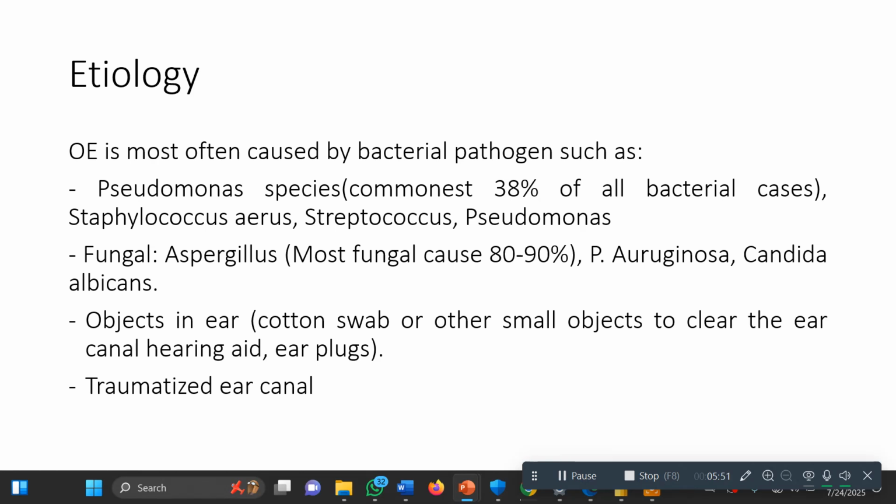For fungal, Aspergillus is the commonest cause, accounting for about 80 to 90%, followed by Candida albicans. Also, objects in the ear can be a focus of infection. Cotton wool or other small objects introduced into the ear, such as hearing aids or earplugs, can also traumatize the ear canal and then cause infection.